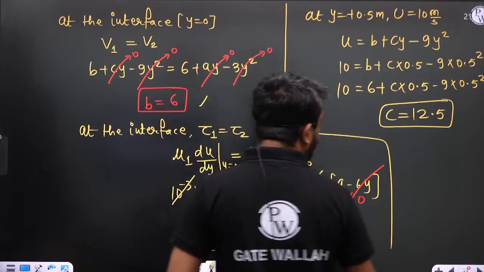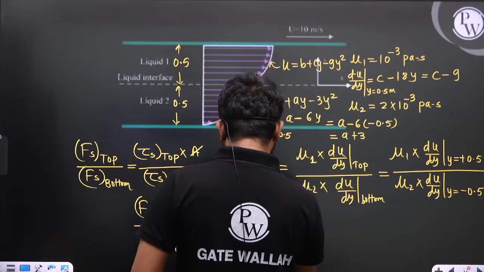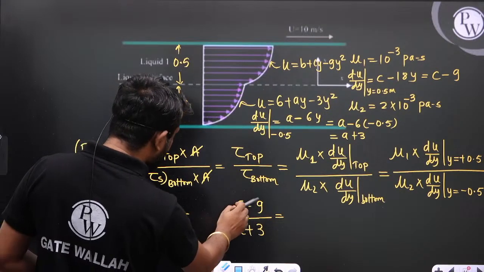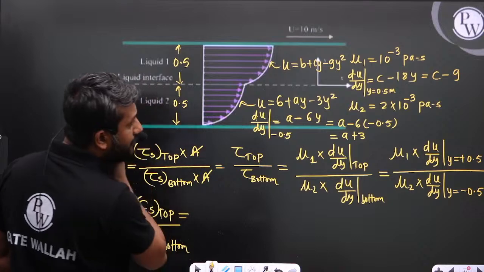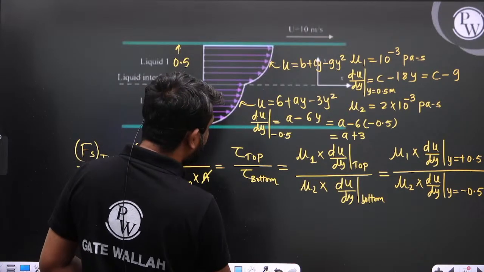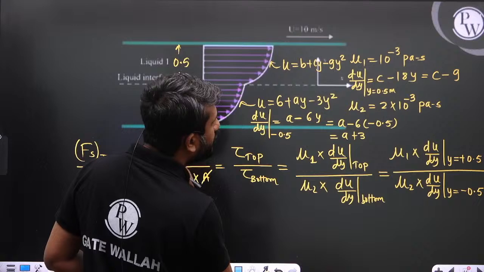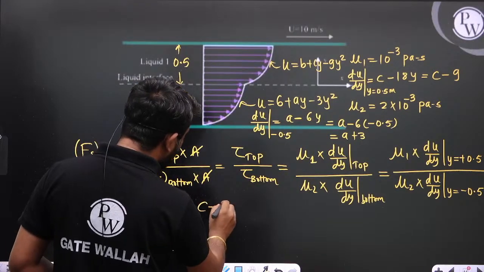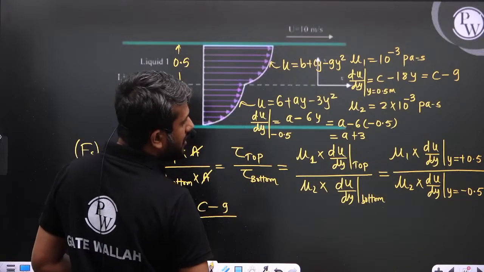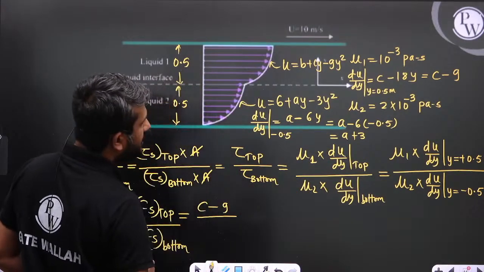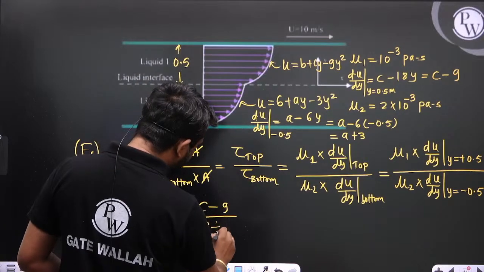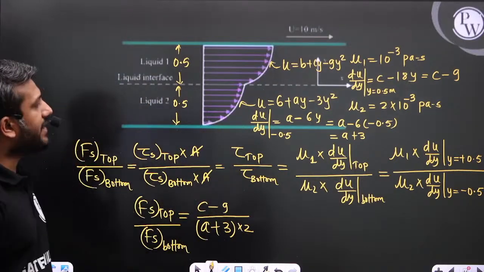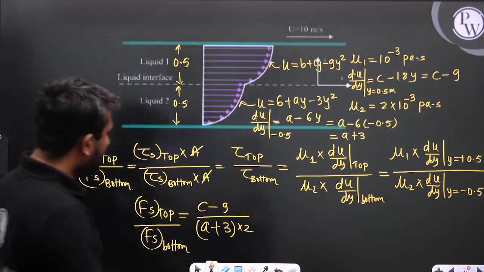This is the value of A. Now see here, this is mu1 du by dy at y is equal to 0.5, so this is C minus 9 upon, sorry, this is A plus 3, and 2, because mu2 is 2 into 10 to the power minus 3 and mu1 is 10 to the power minus 3.